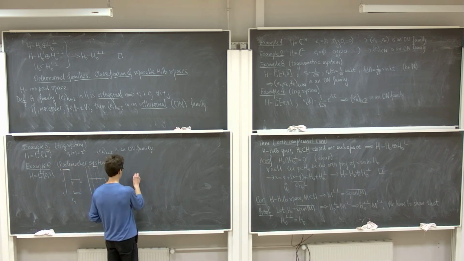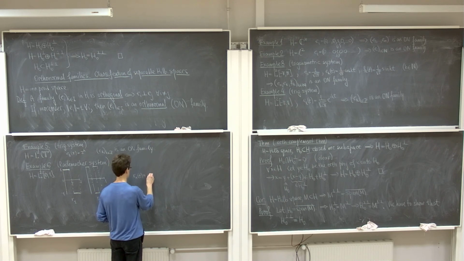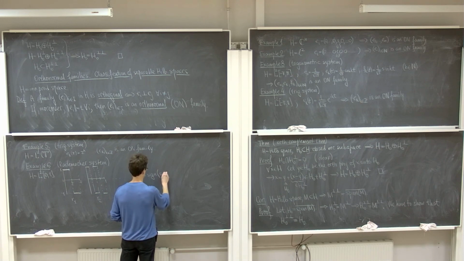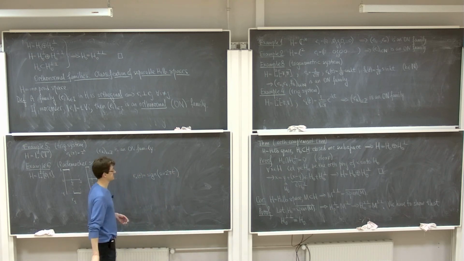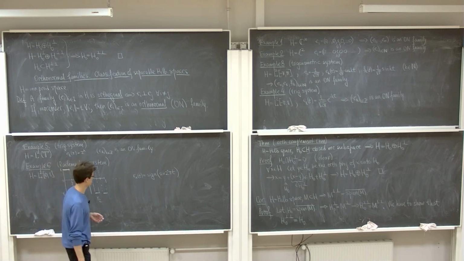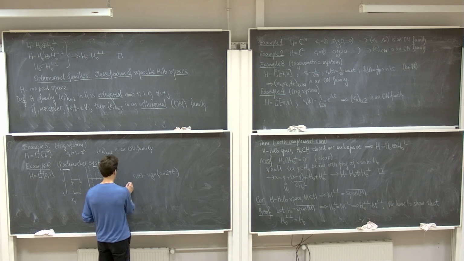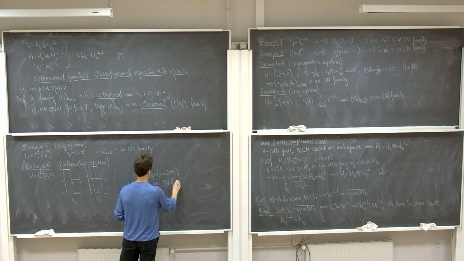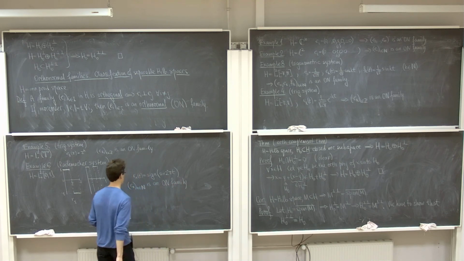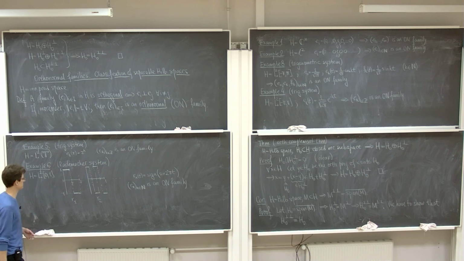In fact, it's rather easy to write the closed formula. Rn of t is defined to be the sign of the following function. So it's easy to see that Rn, where n runs over the natural numbers, is an orthonormal family in our Hilbert space. And this is the so-called Rademacher system.